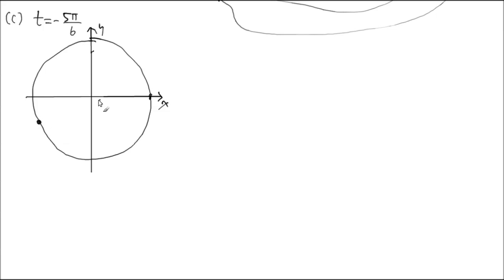If it's not clear, you can convert that into degrees and get an idea that t is negative 5 pi over 6, right? That's where we stop, and we're going to calculate x and y here. So what is the remaining angle toward the x-axis?